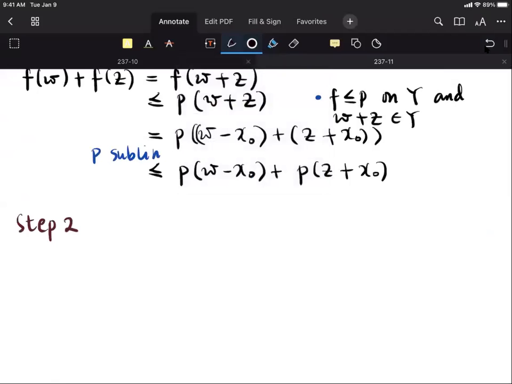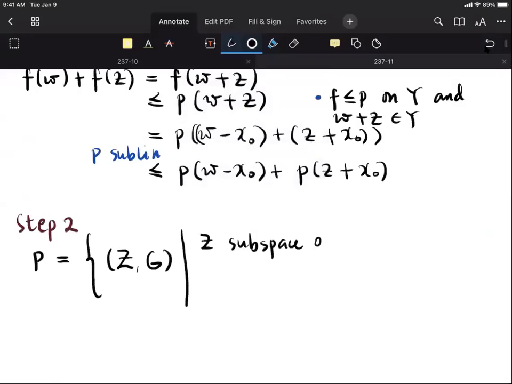Step 2. So we define a partial order. So this is, let P be the collection of all pairs, let's say Z, G, such that Z is a subspace of X containing Y. Okay.